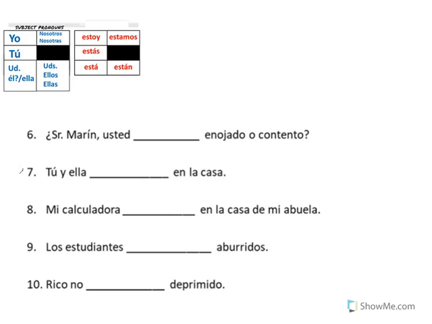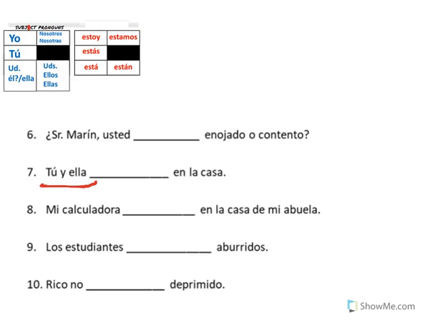Number 7. Tú y ella, blank en la casa. You and her, blank in the house. So you and her are in the house. Again, we don't see a combination of tú y ella anywhere. We see tú right there and ella there. We can't pick that one and that one. We got to pick only one. So how do we decide that? Once again, two people in the sentence, tú y ella.